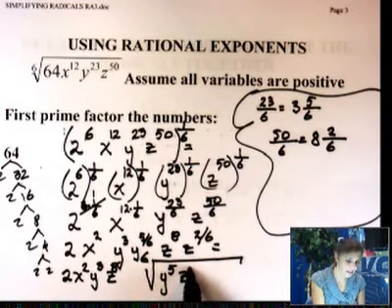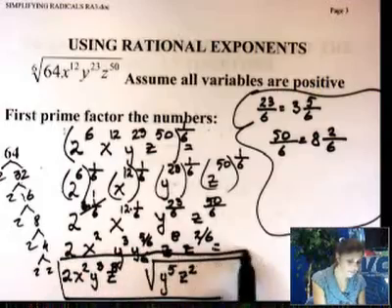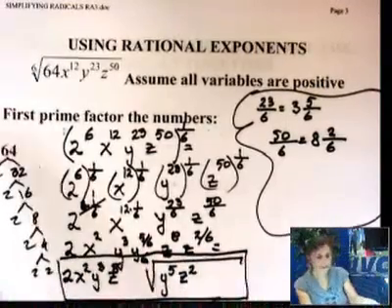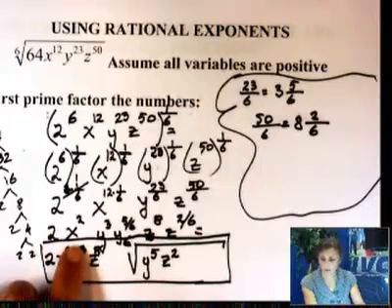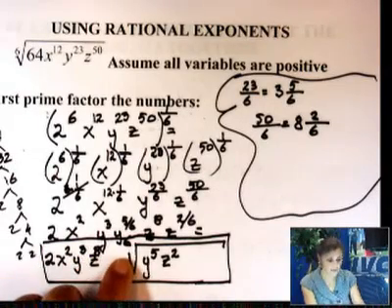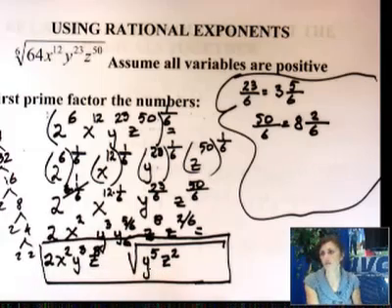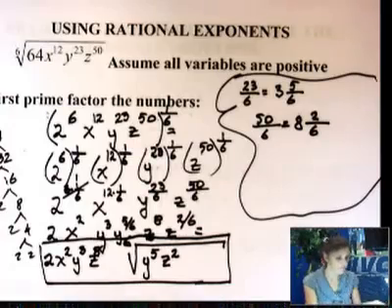Z to the 2nd. And here's your final product. And that happens to be the same exact thing that we got, 2x squared y cubed z to the 8, 6th root of y to the 5th, and z squared. So it happens to be the same exact thing, but what did I do? I just used the exponent approach. Same problem.